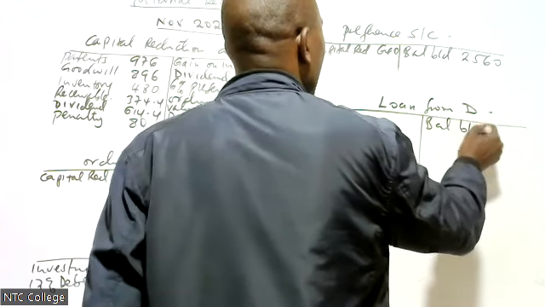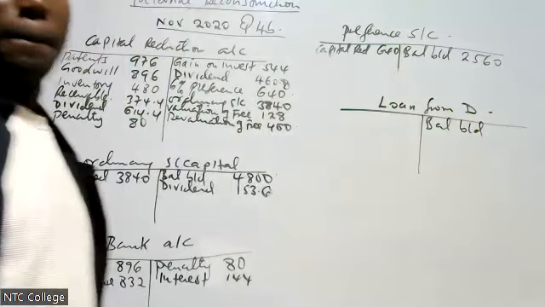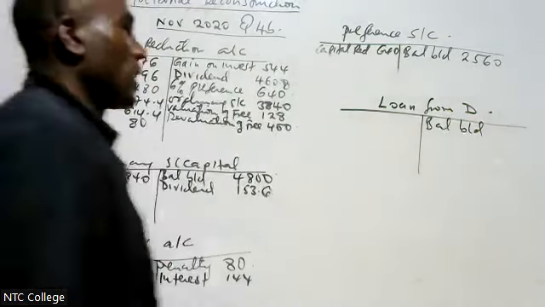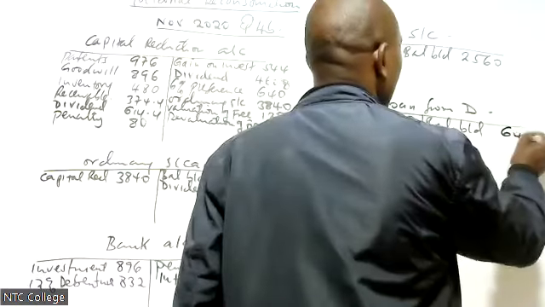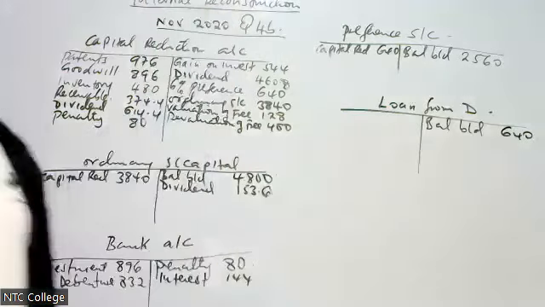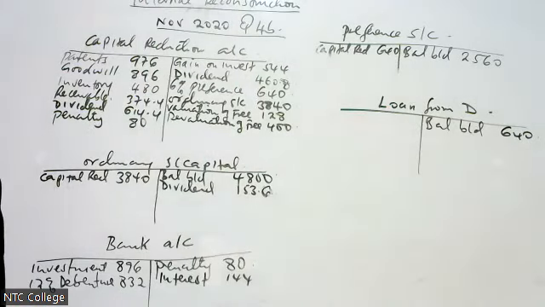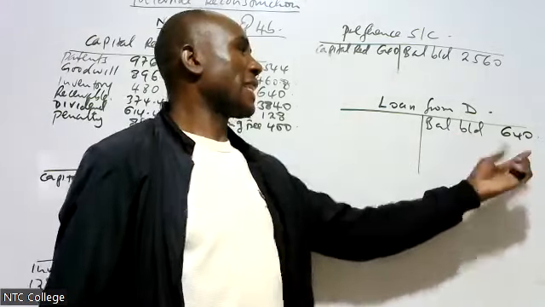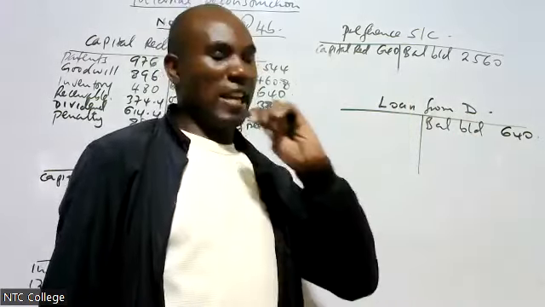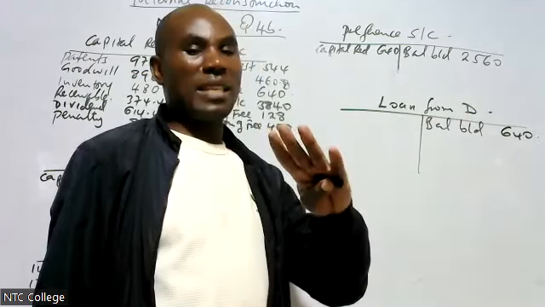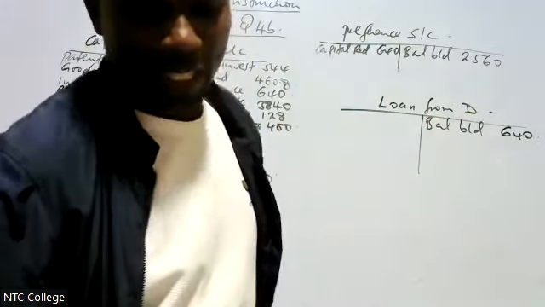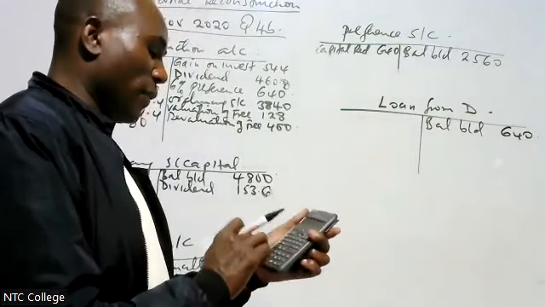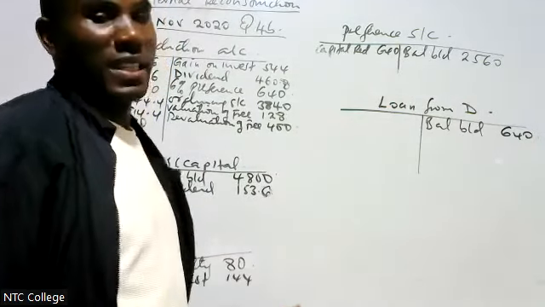Balance brought down from the balance sheet is 640. What examiner is saying, this loan from directors, we are going to give them ordinary shares, 90%. 0.9 times 640, I'm getting 576.